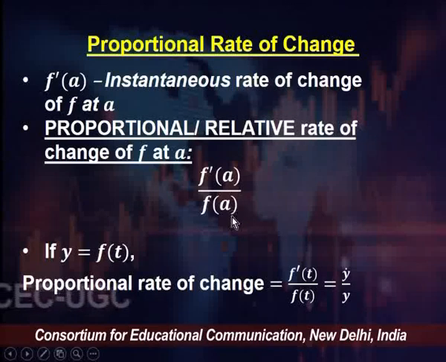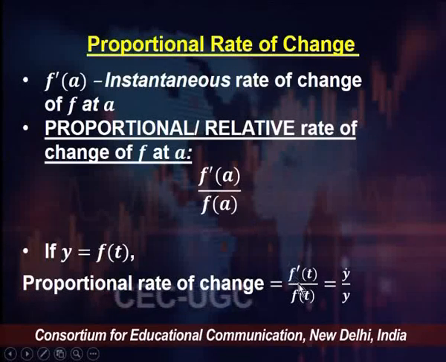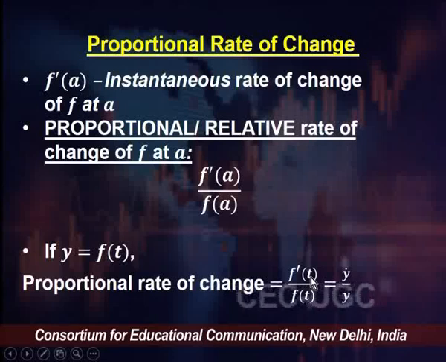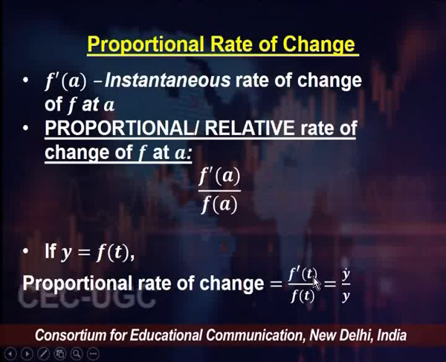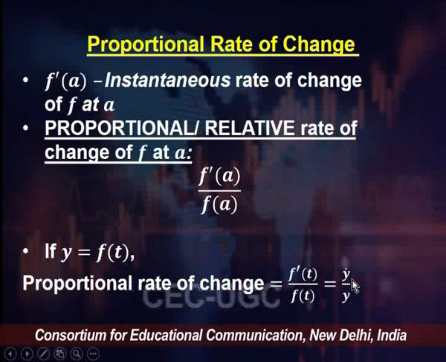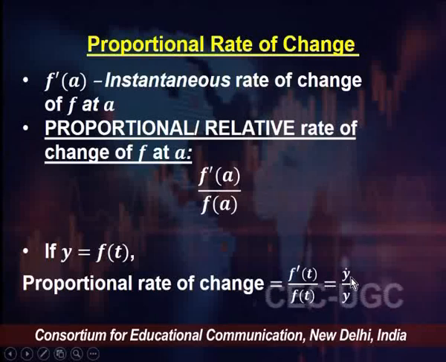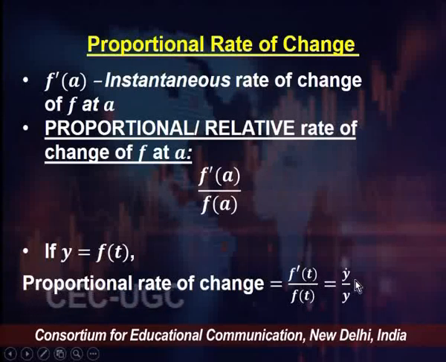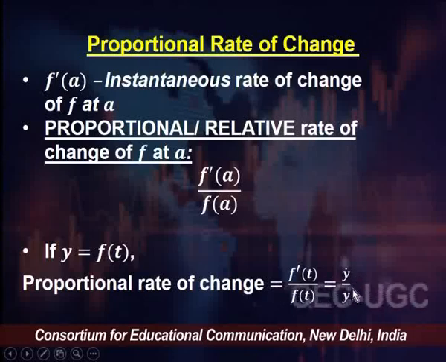The same formula that you have here, except that now I'm generalizing it to include the independent variable, which here is time. As I told you in the beginning of the lecture, when we take the derivative with respect to time, we also use y with a dot over it. That represents dy by dt or f prime of t. So we can also write the proportional rate of change as y dot divided by y.